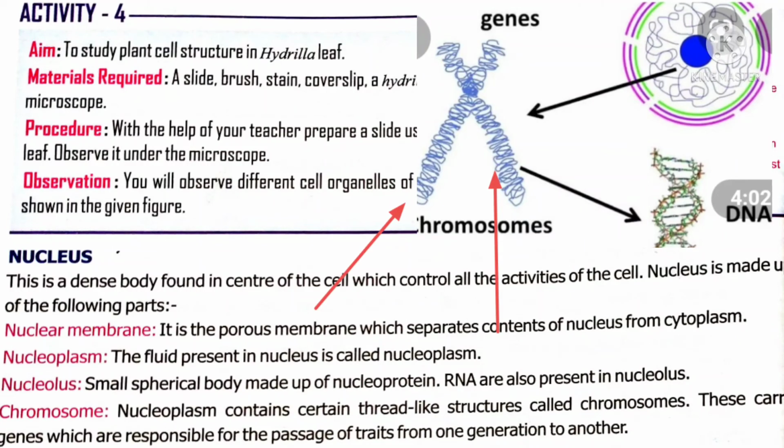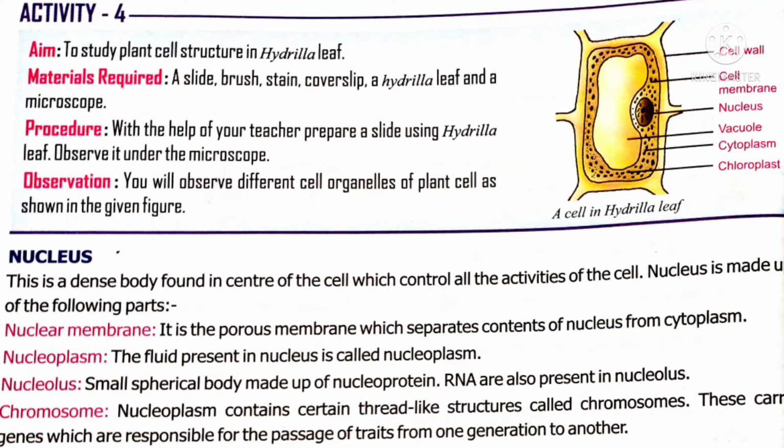These chromosomes carry genes which are responsible for the passage of traits from one generation to another, that is, from parent to infant. What are the components present in the nucleus? That is, the spherical body nucleolus, the fluid substance nucleoplasm, then the thread-like structures chromosomes. Also, it is covered by nuclear membrane.